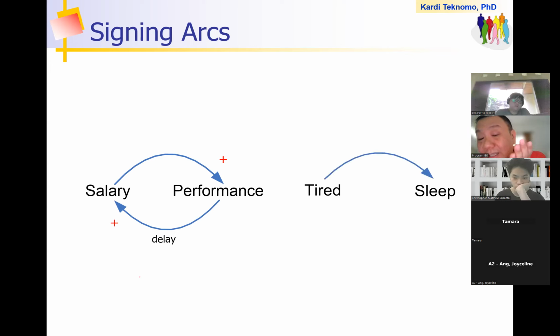So the same thing here. If your tiredness increase, the more tired you are, the more sleep you need. Plus or minus?